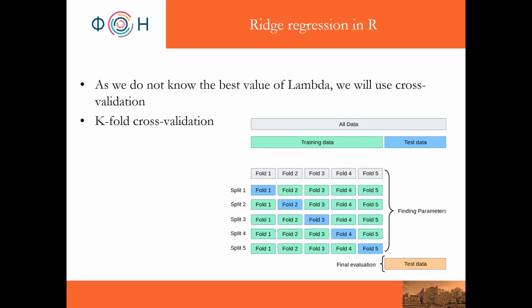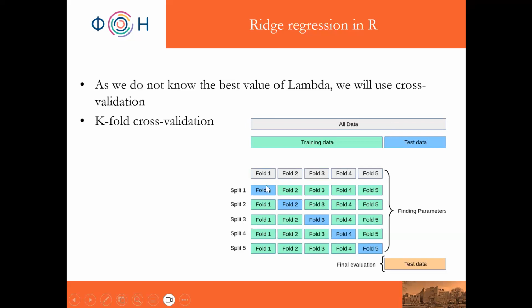If we are conducting a 5-fold cross-validation, we are going to divide our data set into five sections, and we're going to make the analysis and estimate our parameters in folds.